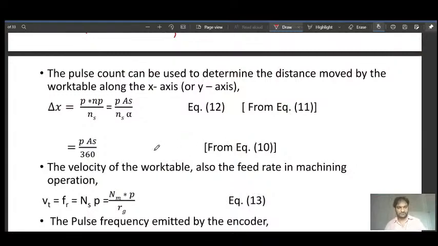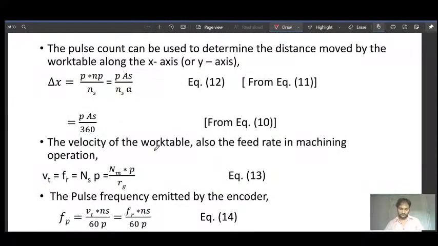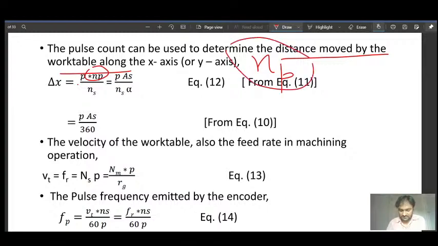We are good. Next, the pulse count can be used to determine the distance moved by the work table along the x-axis. As we know, Np is read as the number of pulses. Np was theta s by alpha, the total angle divided by the step angle.